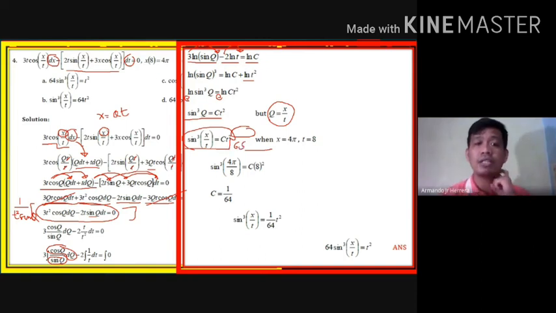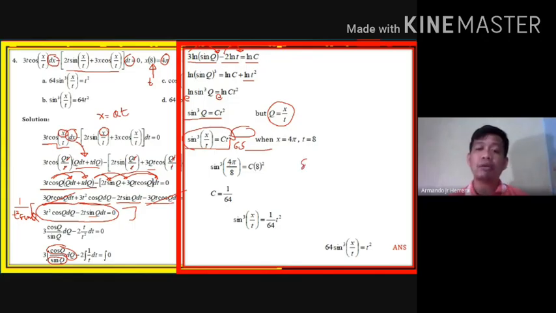So may initial condition tayo that when t is 8, the value of x is 4 pi. So substituting, that gives you sine cube of 4 pi over 8, the value of t is 8, is equal to c times 8 raised to the second power. 4 pi over 8 is pi over 2.